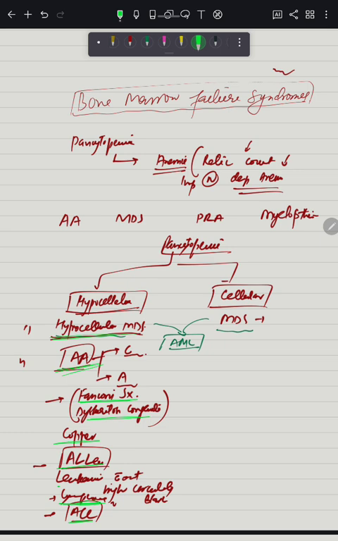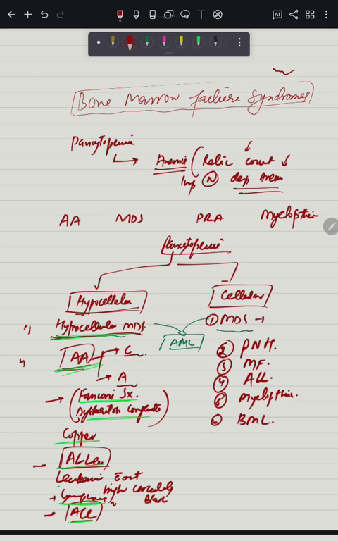Whereas in the cellular category, the first was MDS itself. Second is paroxysmal nocturnal hemoglobinuria. Third is myelofibrosis. Fourth is again aleukemic leukemia. Other causes can be bone marrow lymphoma and hairy cell leukemia.